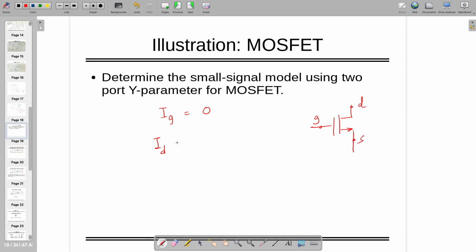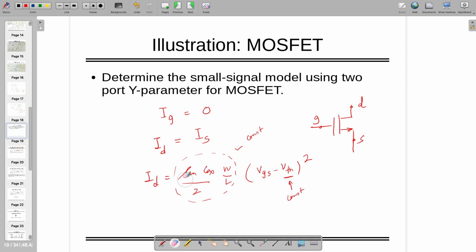Gate current is 0 and ID is equal to IS, and ID is equal to mu n C ox W by L times (VGS minus VTH) squared, where all these terms are constant. This VTH is the threshold voltage, this is also constant. Let's replace this with one name. Let's call this one Kn.